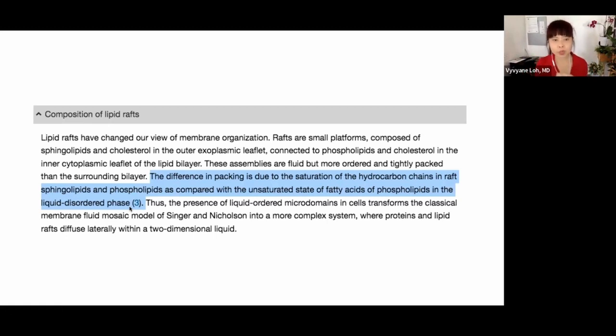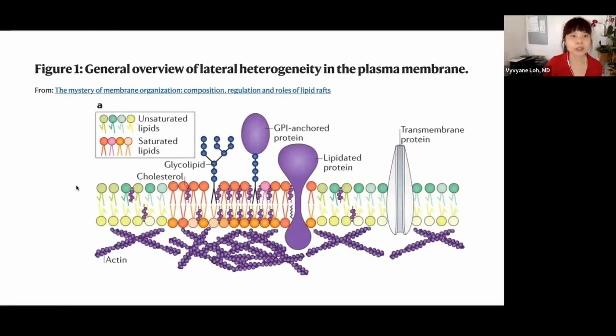Whenever people talk about membranes, you're going to hear them talk about liquid ordered phases and liquid disordered phases. The liquid ordered phases are corresponding to the rafts, okay? And the liquid disordered phases are the other domains of the cell membrane. So here's a diagram that I think will be helpful.